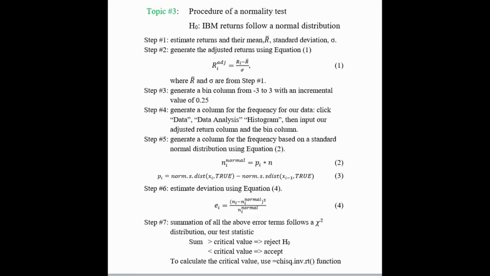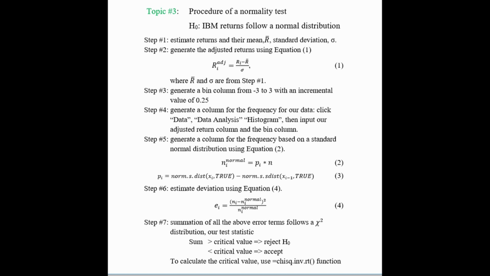Here's the procedure for a normality test. Our hypothesis is that IBM return follows a normal distribution. After we download the data and retrieve it to our Excel, step number 1, estimate returns and their mean and standard deviation.